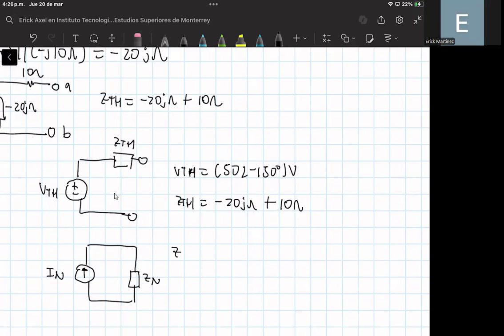So we can say that the Norton impedance is equal to the Thevenin impedance, that is equal to minus 20 J ohms plus 10 ohms.